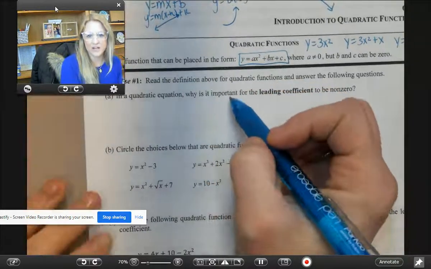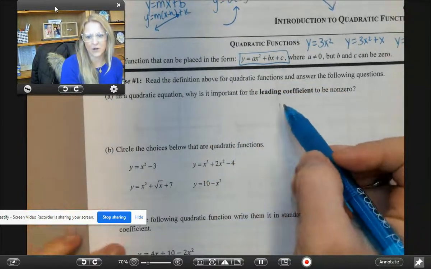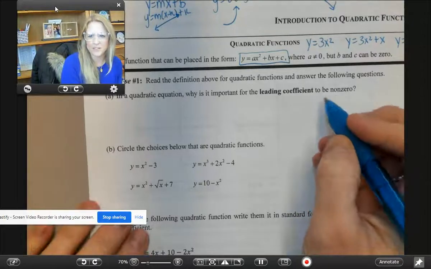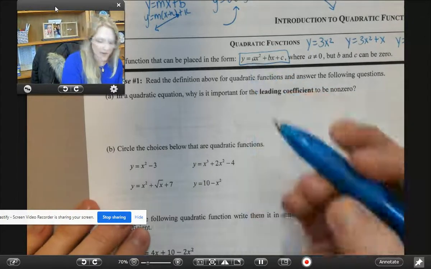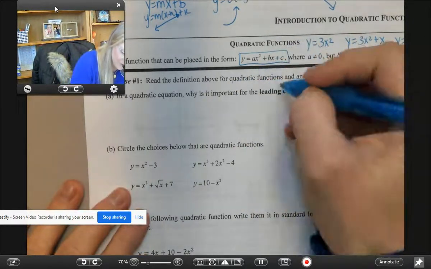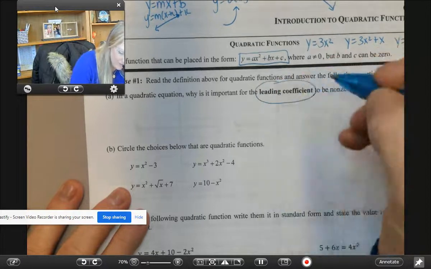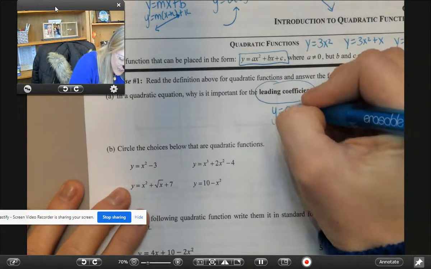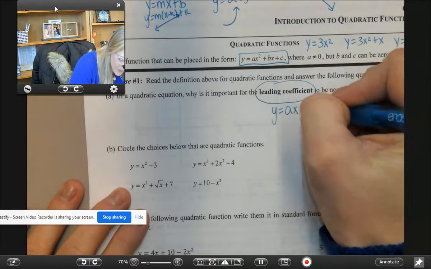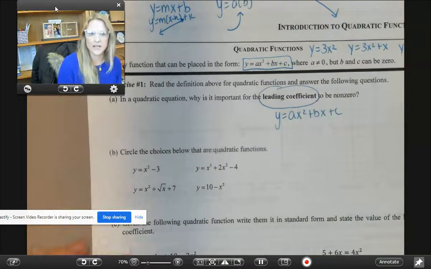So in the quadratic equation, why is it important for the leading coefficient to be non-zero? What does it mean to be 0? Let's remember what a leading coefficient is. In y equals ax squared plus bx plus c, that a, b, and c would technically be real numbers.